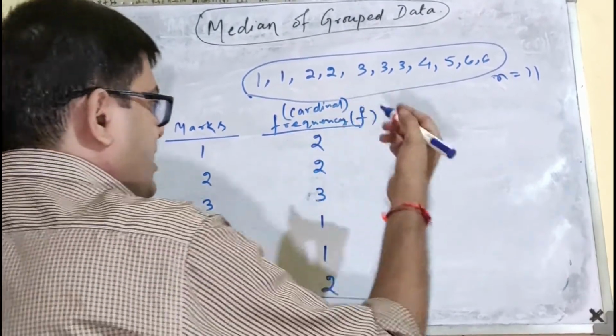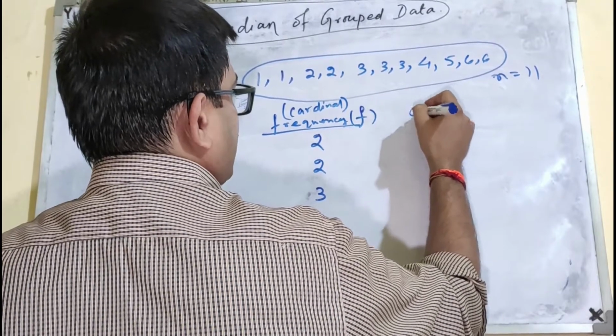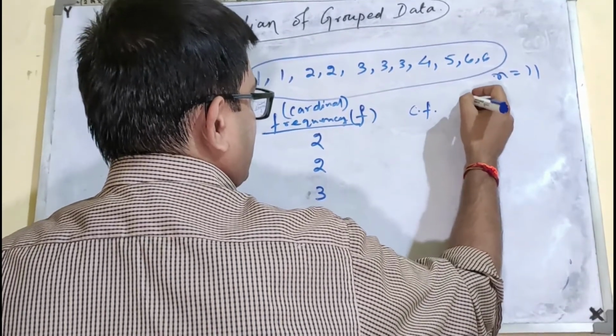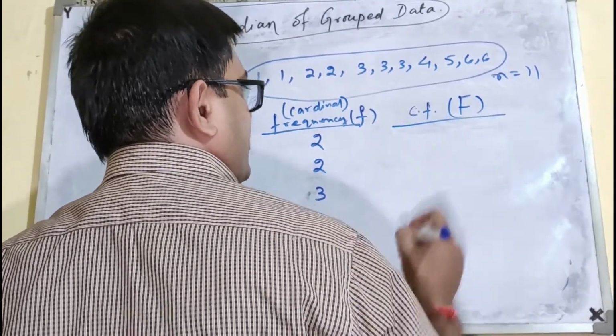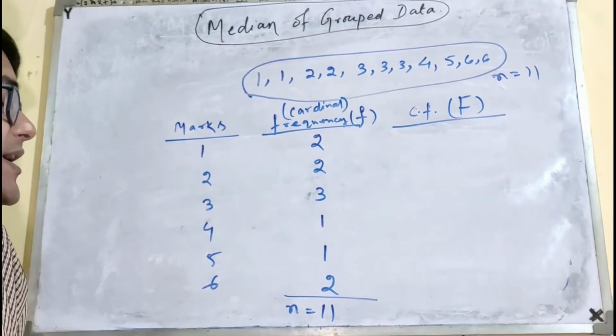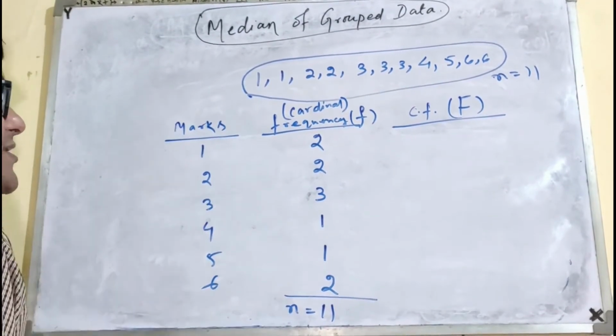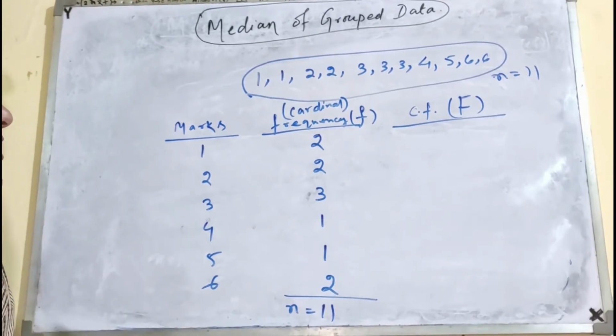Okay. Now, if you consider cumulative frequency, which is denoted as CF, but we are going to denote cumulative frequency with the uppercase F. What happens in this case? Why do we take cumulative frequencies?